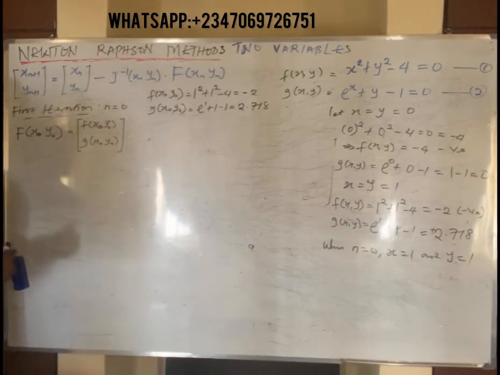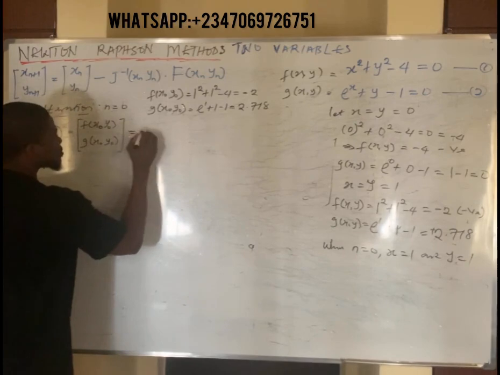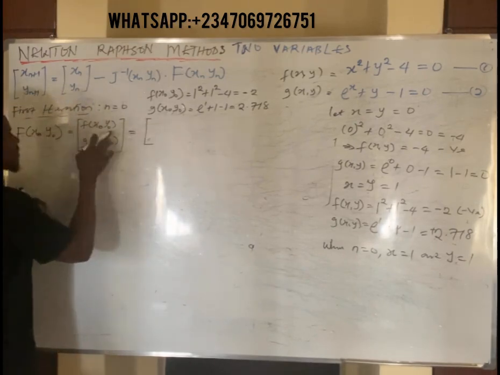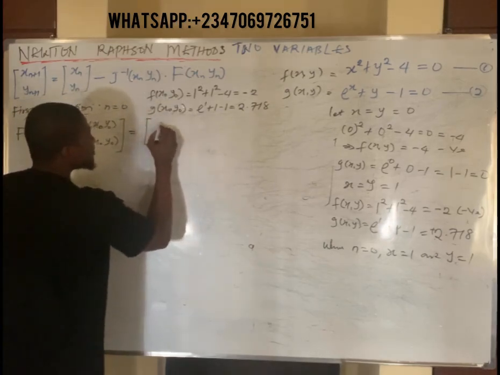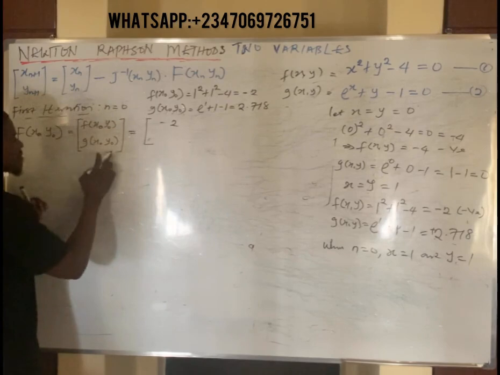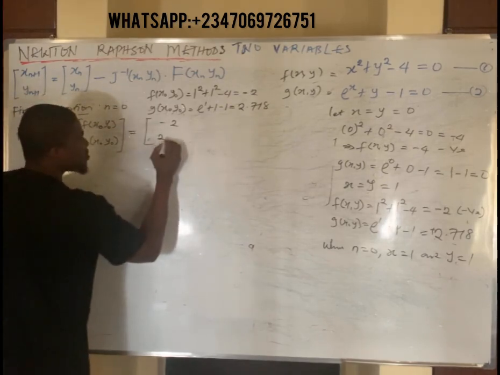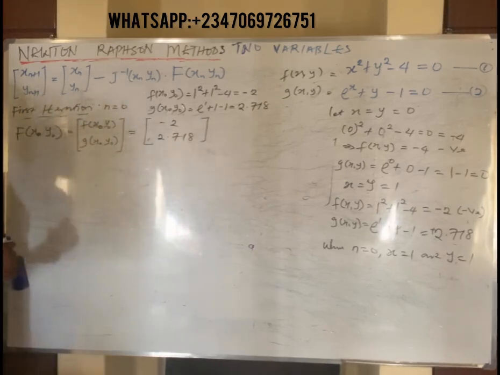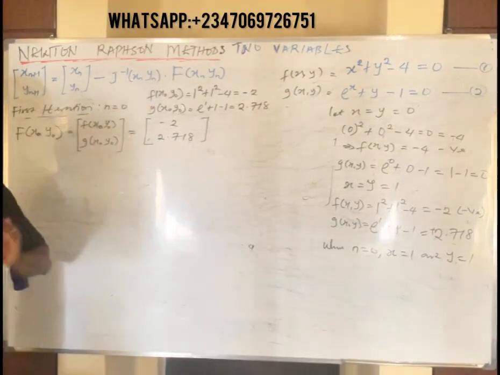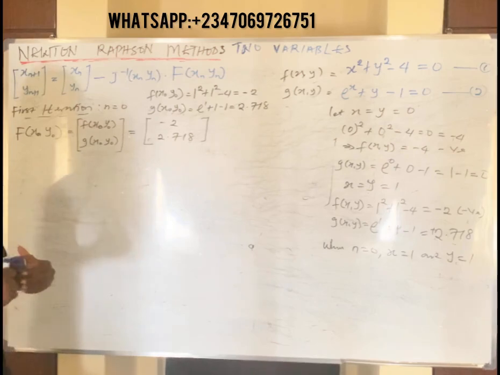Therefore, the matrix of the function is going to be equal to, for the first function, negative 2, and for the second function, 2.718. So this becomes the matrix of this function, f of x, y. It's as simple as that.